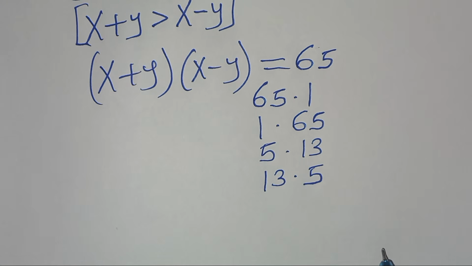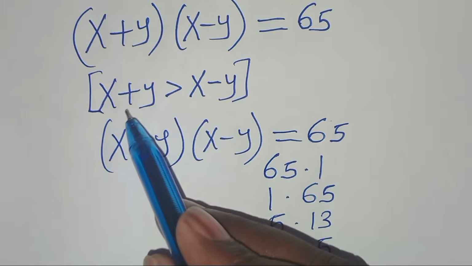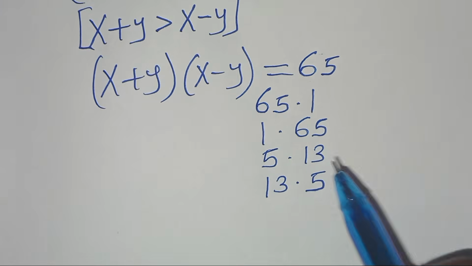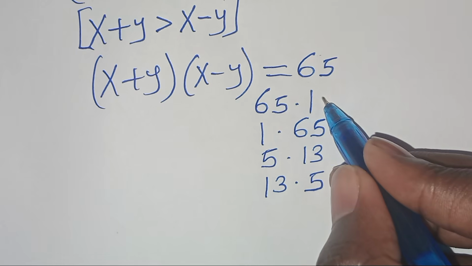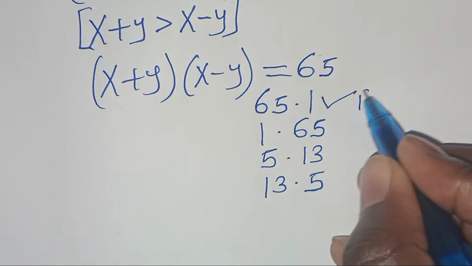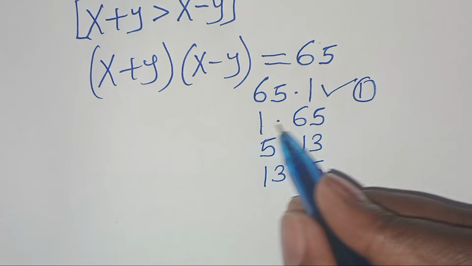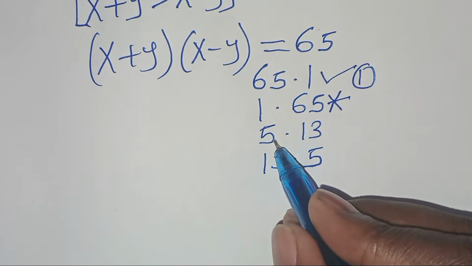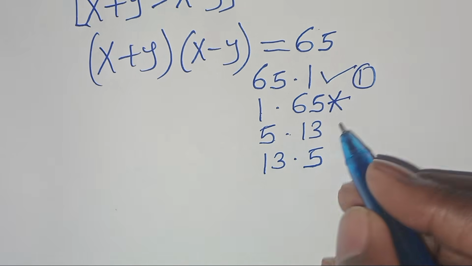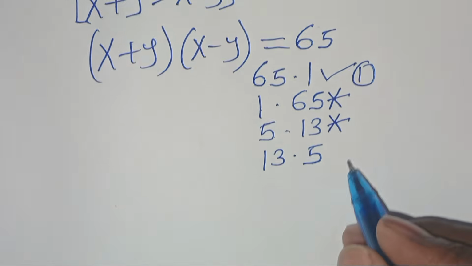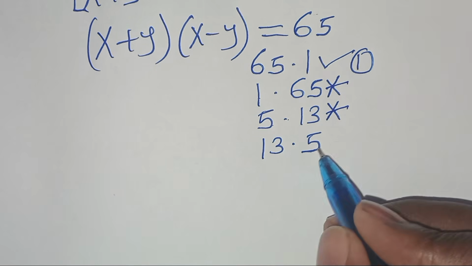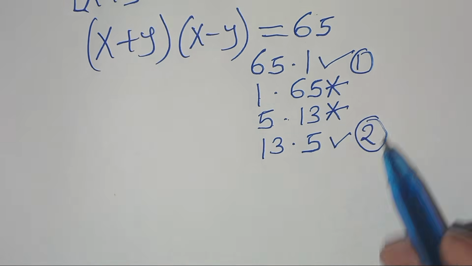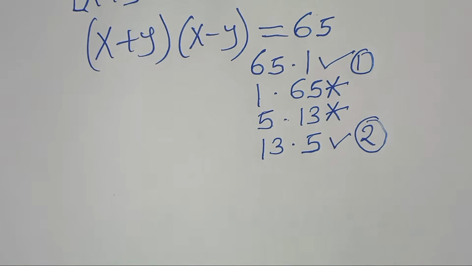Given that x plus y is greater than x minus y, the first case is accepted. 1 is less than 65, so this is rejected. 5 is less than 13, so this is rejected. 13 is greater than 5, so this is accepted. So we have got two cases.